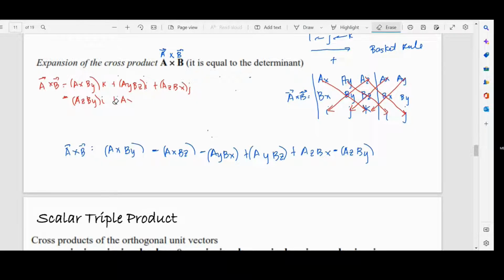Kasasabi ko lang eh. Minus AX, BZ, tapos J, minus the product of AY, BX, tapos K. Nakita niyo yung pattern. Lahat ng papunta dito will be plus.